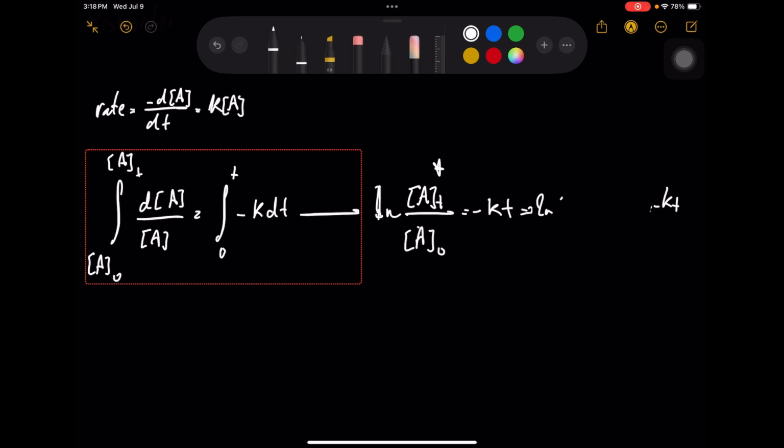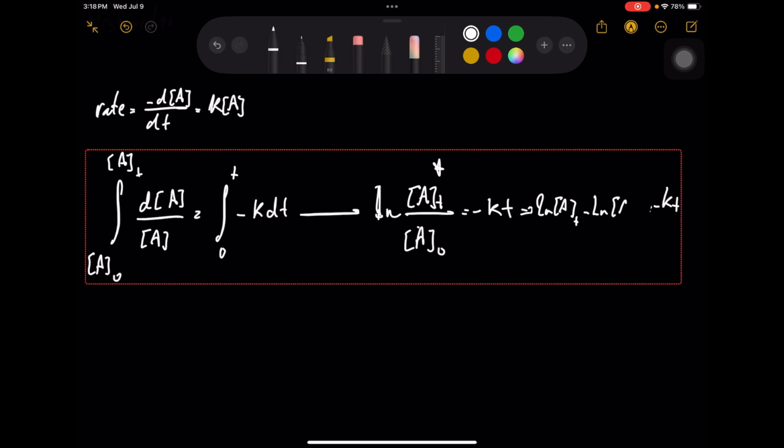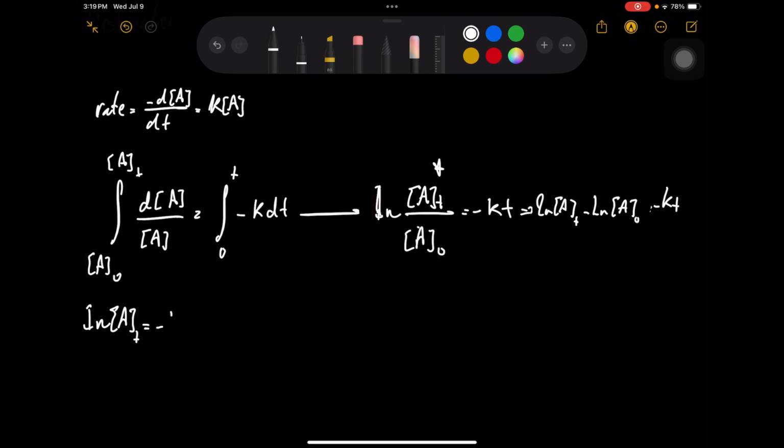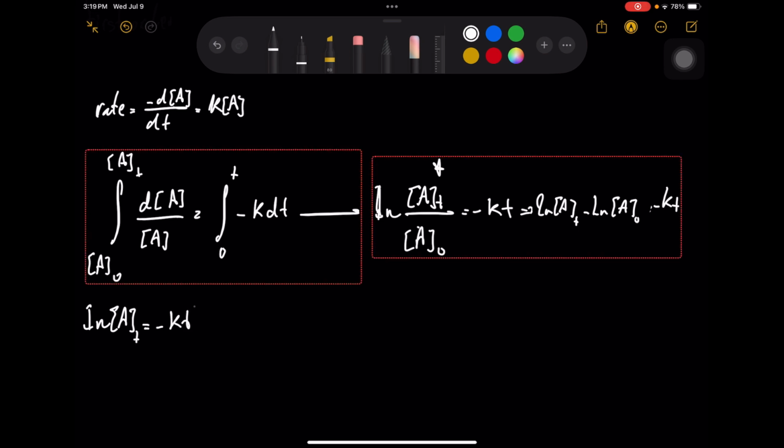It's the natural logarithm of a at t minus the natural logarithm of a 0. So again, we can put that one over there. The natural logarithm of a at t equals the negative kt plus ln of a 0.